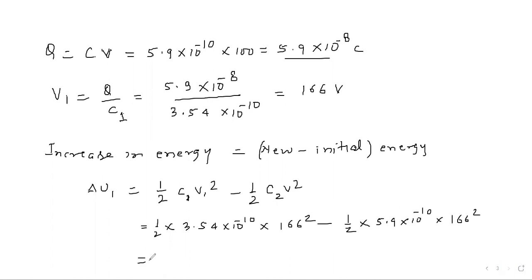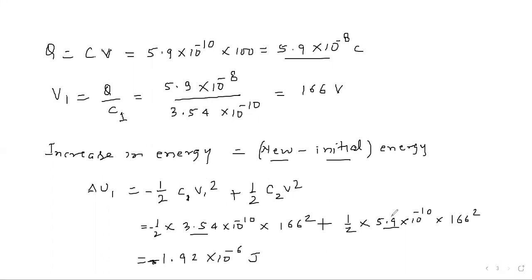So it will come out to be negative because this value is smaller, negative of 1.92 into 10 to the power minus 6 joule. But final energy minus initial is what we want, so this should have been written in the reverse way. This is negative, this is positive. So there is minus sign here, there is plus sign here. So ultimately there won't be negative sign, and we will get change in energy.